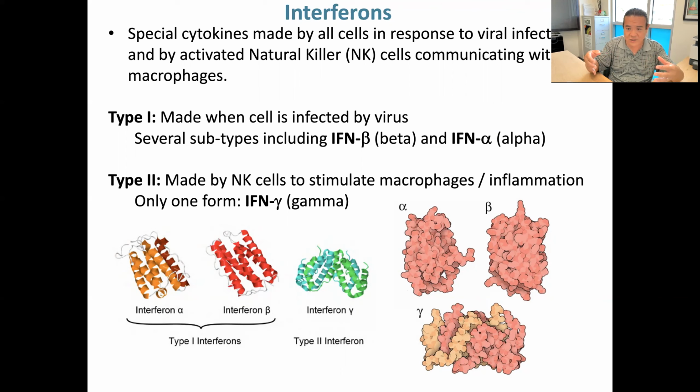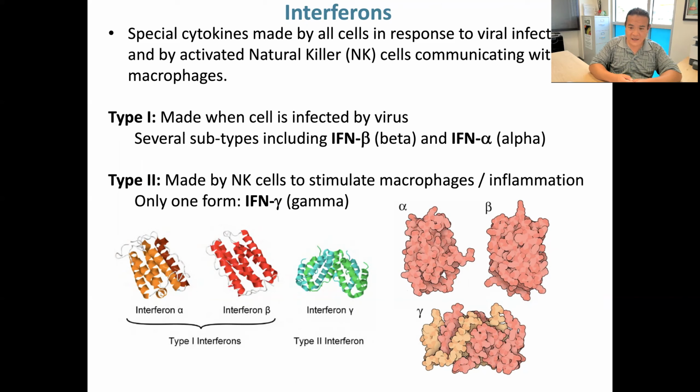And those changes that these signals send out are designed to cause surrounding cells to take defensive steps in trying to prevent themselves from becoming infected by the virus. So in other words, these little proteins interfere with the virus's ability to spread. So they were called interferons. They're special cytokines made by all cells in response to viral infection.